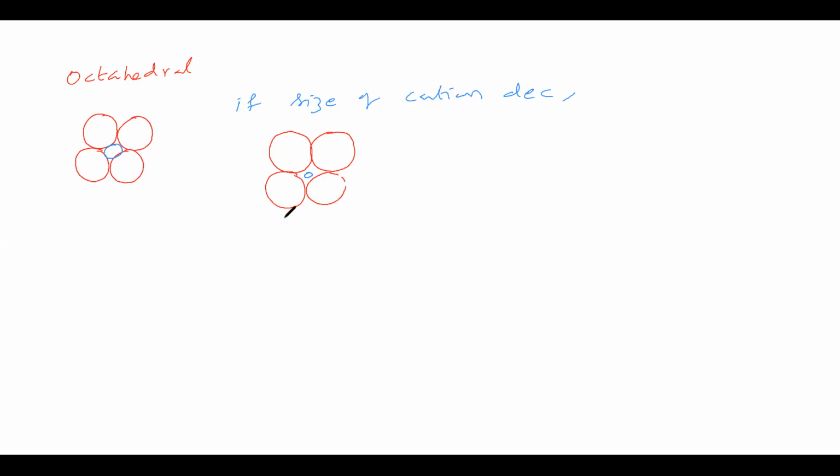Now, for an ionic compound, how should it be? The anion should be in contact with the cation. Then only stability will be there. Anion-cation contact should be there, then stability will be there.